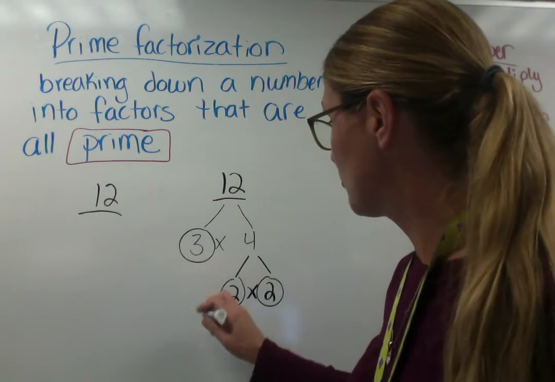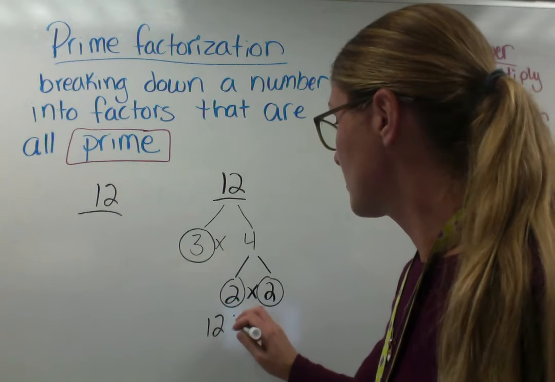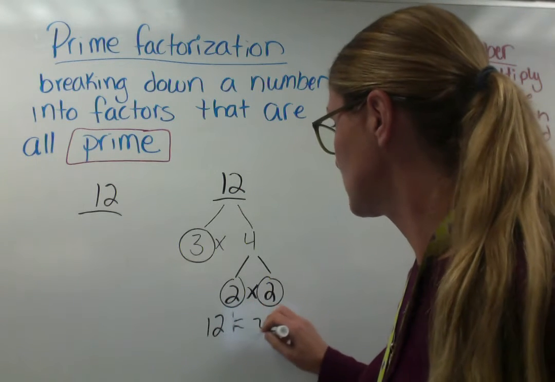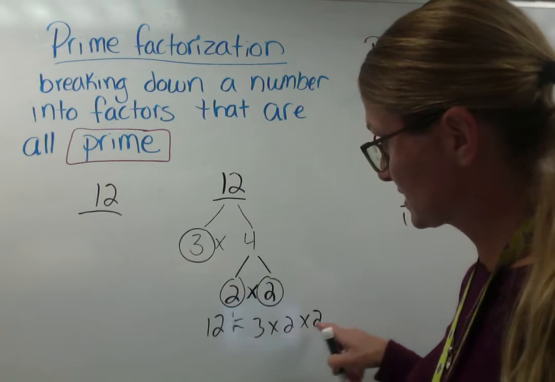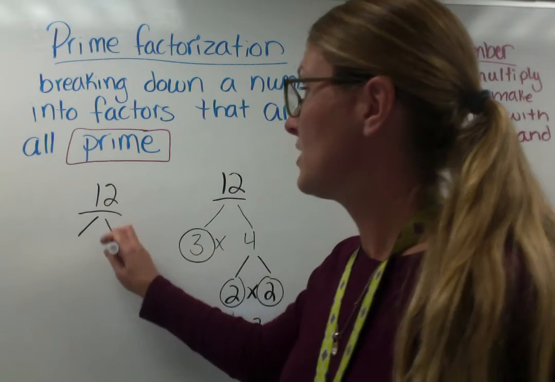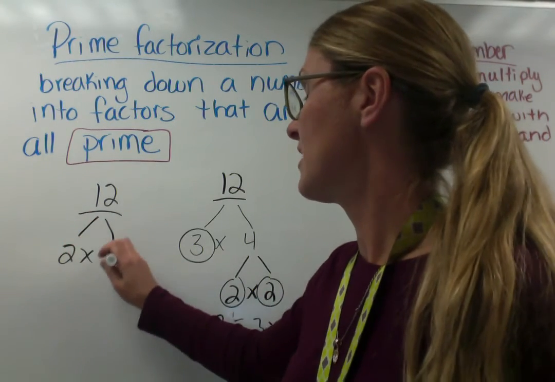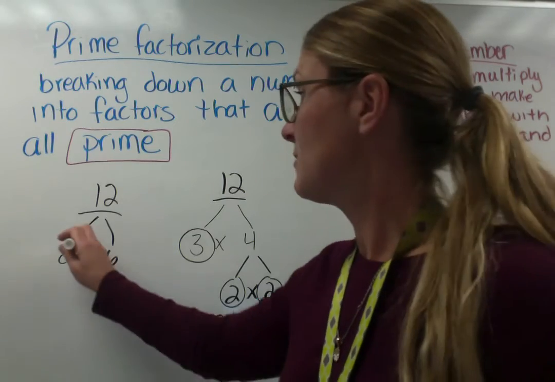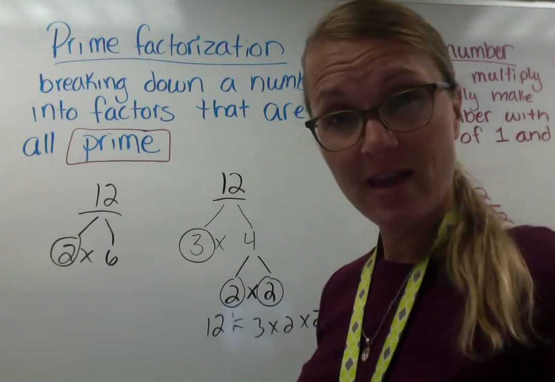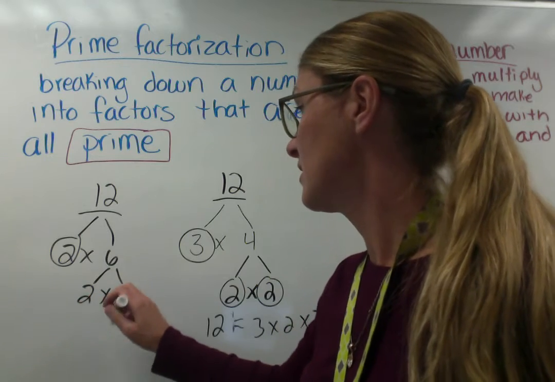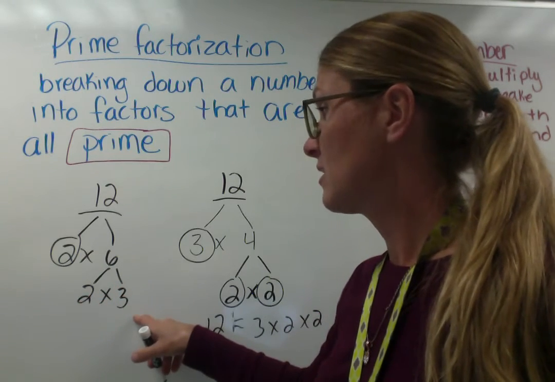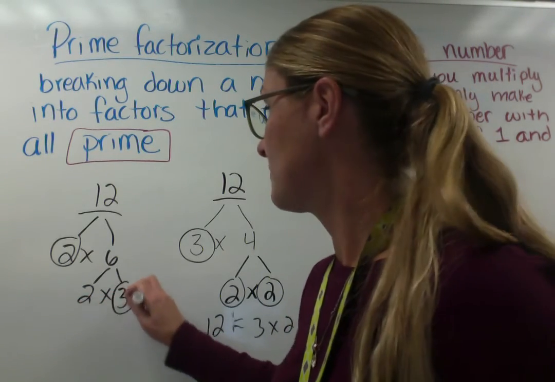Can you do it a different way and still get the same answer? So for example, 12 is the factors 3 times 2 times 2, because that's what I was left with. 3 times 2 is 6, 6 times 2 is 12. If I go over here, what if I started by doing 2 times 6? 2 is a prime number, so I can stop there. But 6, I can make 6 a different way. 6 is not prime. 6 can be made 2 times 3, but 2 and 3 are prime numbers, so now I'm done.